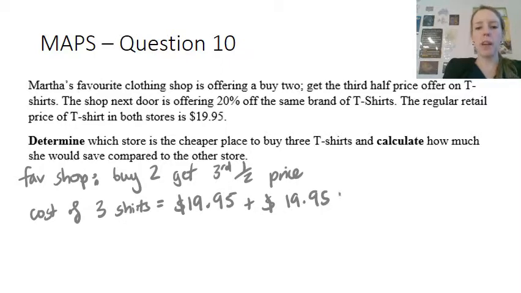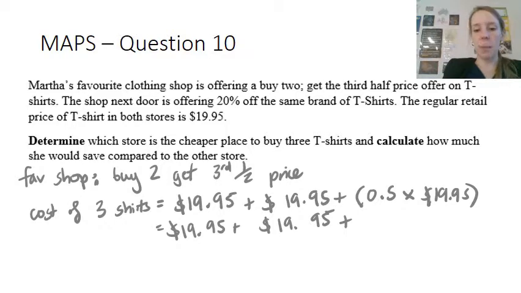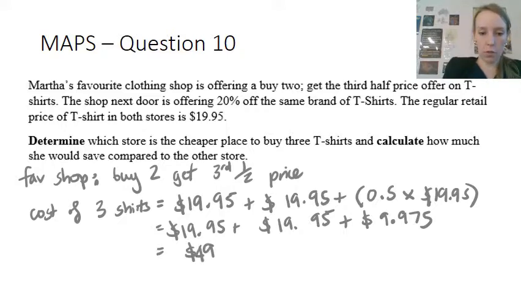The third one's going to be half price though. So it's going to be 0.5 times $19.95 to find out that price. So with our order of operations, obviously we have to do our brackets first. So it's $19.95 plus $19.95. So if we put into our calculator 0.5 times $19.95, we'll get 9.975. We can then add those all together, which is 49.875.